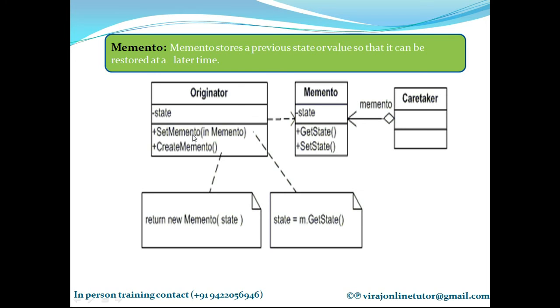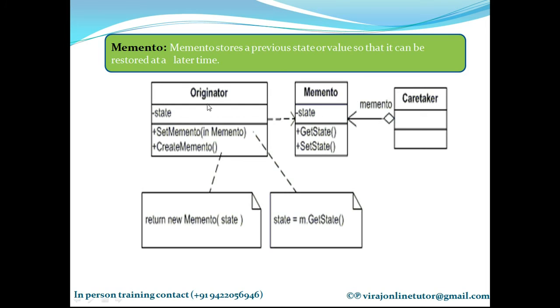Then the caretaker will perform n number of operations on the originator, and if it wants to undo the originator to the state before the operations were done, it will call set memento and pass the memento object that it had received even before performing any operations. So the caretaker first calls create memento, and you'll get a memento object with the state of the originator.